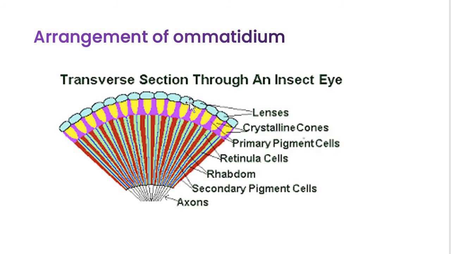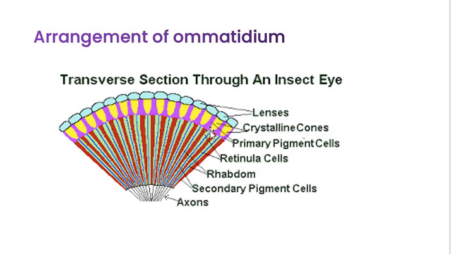This is the layer of lenses, because a number of ommatidia are there and ommatidia show the presence of lenses. Then followed by this, the layer of crystalline cone, or the optic apparatus.